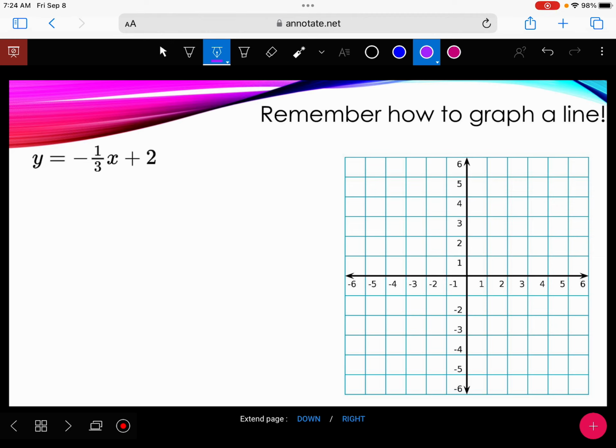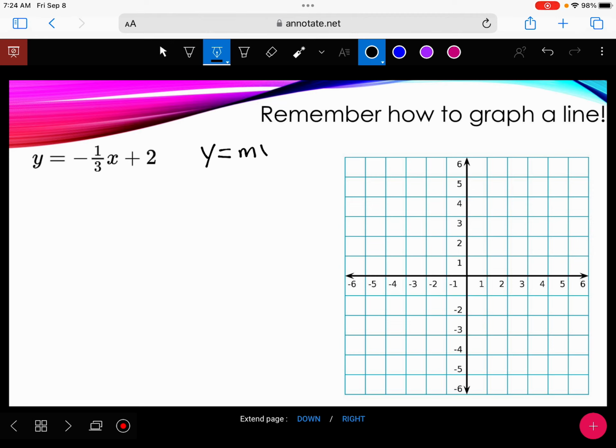So here's our first equation. Y equals negative 1/3 x plus 2. What form is this in? Slope-intercept. So y equals mx plus b.